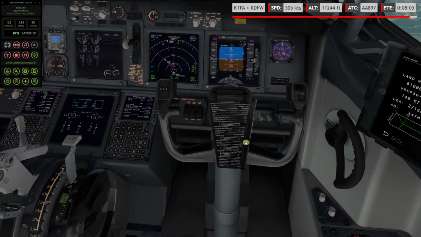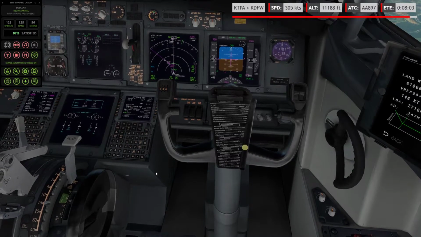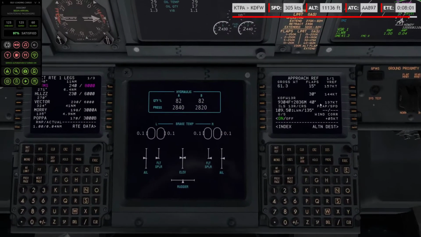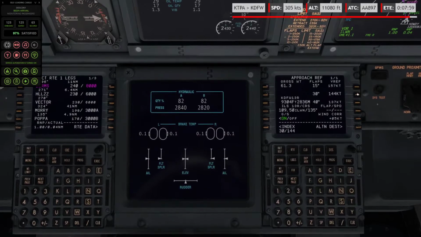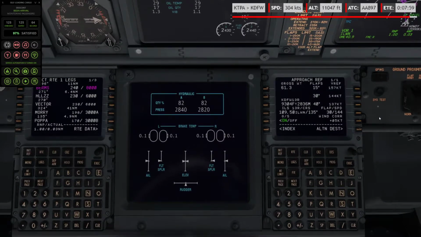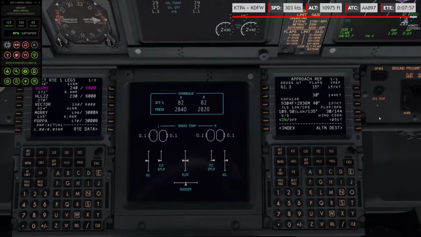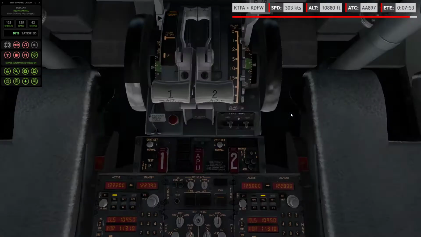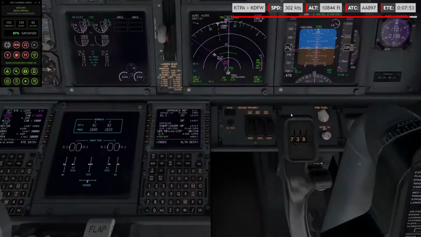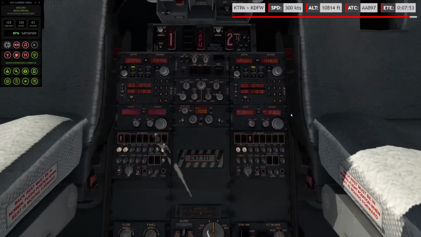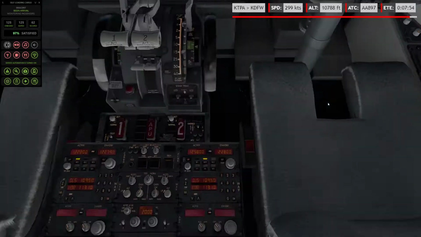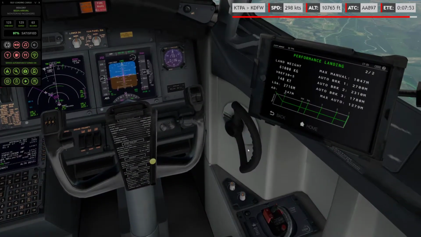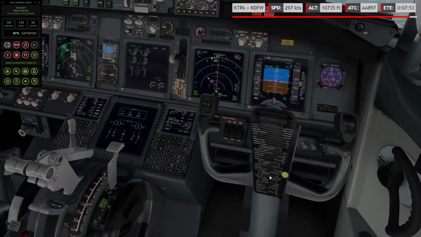Alright, fuel is set, and we need to set the speed over here. 109.5, 109.5 check. Cross is 135, 135 check. IAS and altitude box is set.